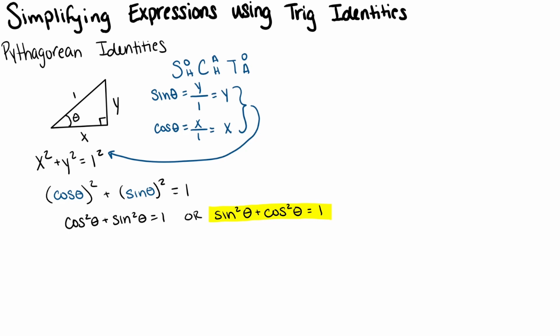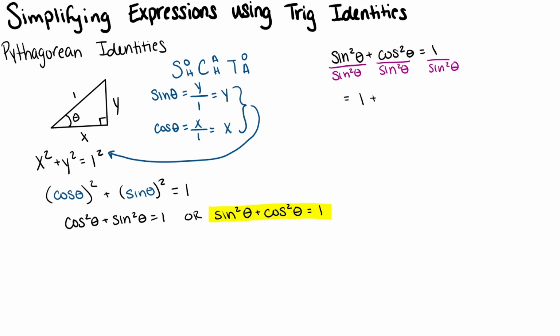Now, there are two more that go along with this, because as we saw with our reciprocal identities, we can take the reciprocal of all of our functions to give us a different function. So if we have sine squared theta plus cosine squared theta equals 1, and if we divide everything by sine squared theta, then we would get sine squared over sine squared is 1.